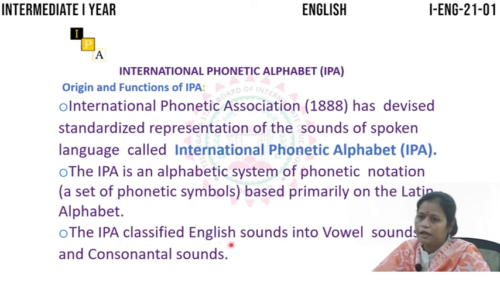The IPA classified English sounds into vowel sounds and consonantal sounds. So sounds in English are classified into two types, vowel sounds and consonantal sounds. This is the classification given by the IPA.